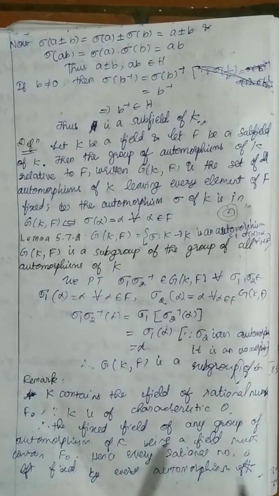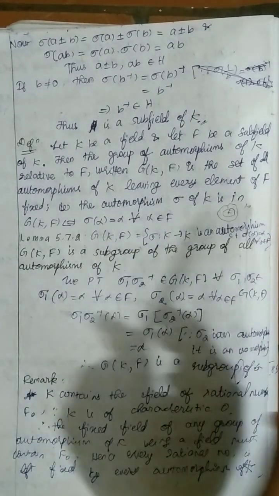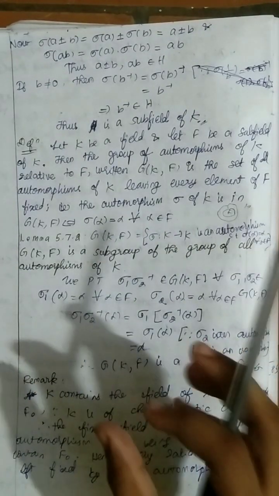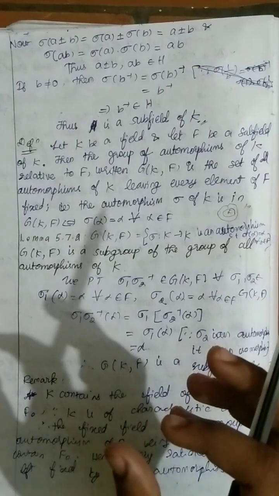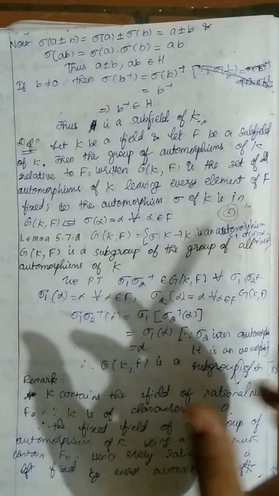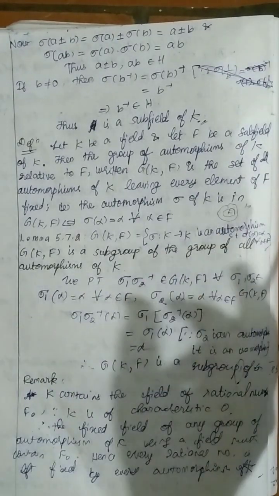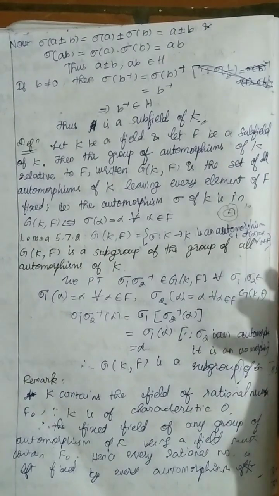What is the difference between this definition and the fixed field of a group definition? In the fixed field of a group, we collect the elements of K which, when we put them under an automorphism, give the same element back.